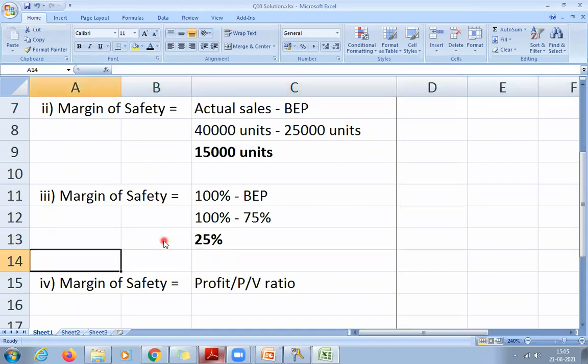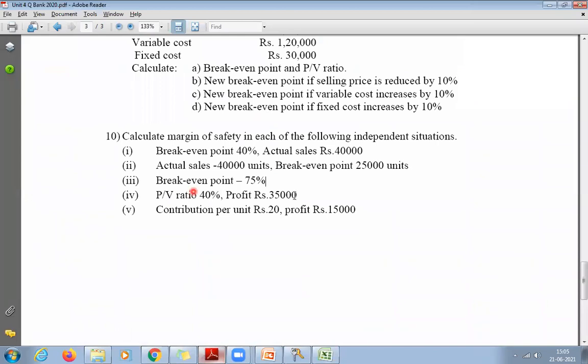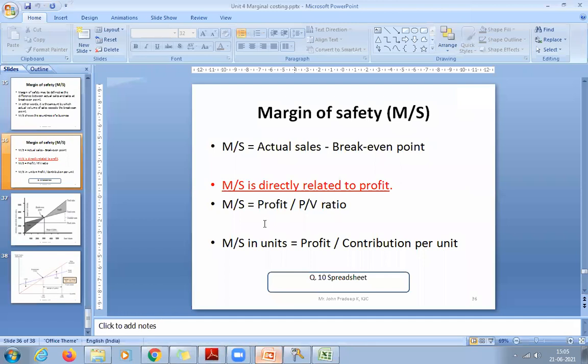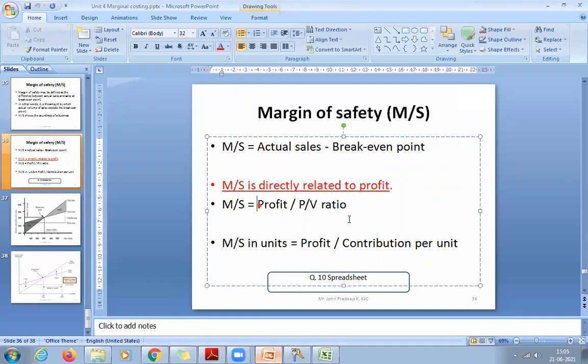Next, he has given PV ratio and profit. Which formula are we going to use now? Profit divided by PV ratio. So write it down: profit divided by PV ratio.